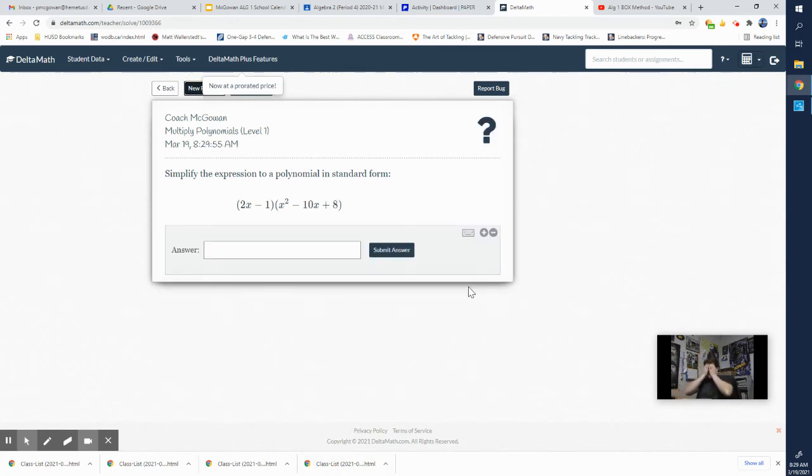Take a look at this one. Let me ask you guys a couple of questions here. First question: how are we gonna set up the boxes? How many rows? How many columns?